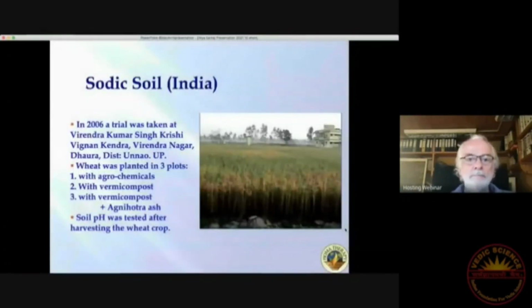Now, one more thing, sodic soil and acidic soil, a big problem all over the world. This experiment was done in some place between Lucknow and Kanpur, and they had very alkaline sodic soil, and they divided it into 3 plots. One was with agrochemicals, one was organic with vermicompost, one was organic vermicompost with Agnihotra ash.